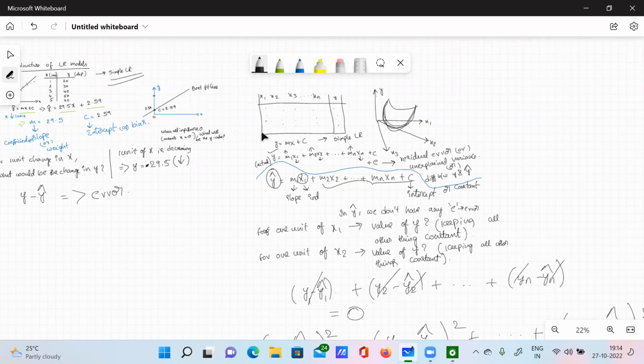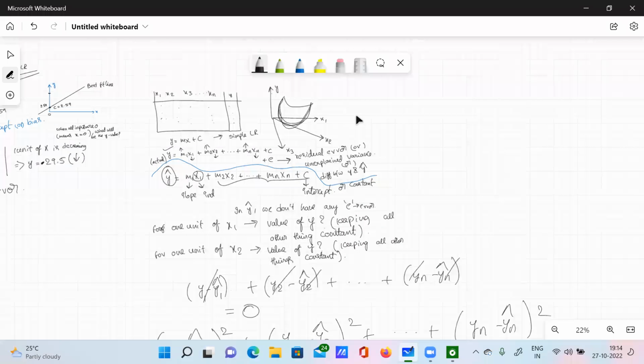But when you have more than one independent variable, the form of the best fit model is not just a line. You can call it a parabola. The best fit is in parabolic form.